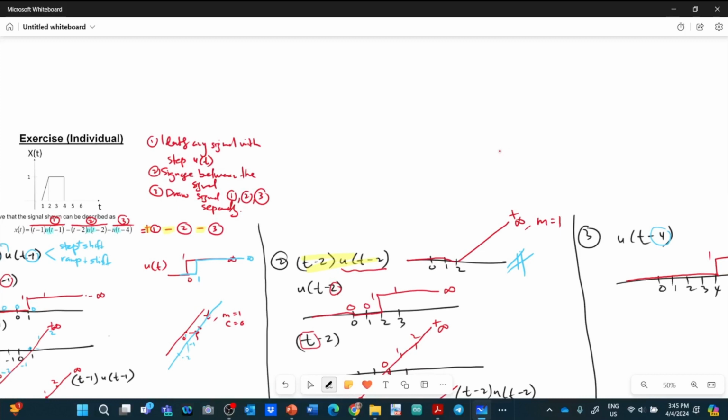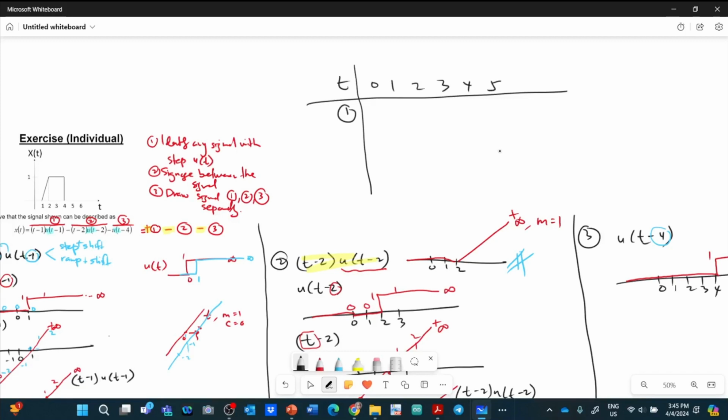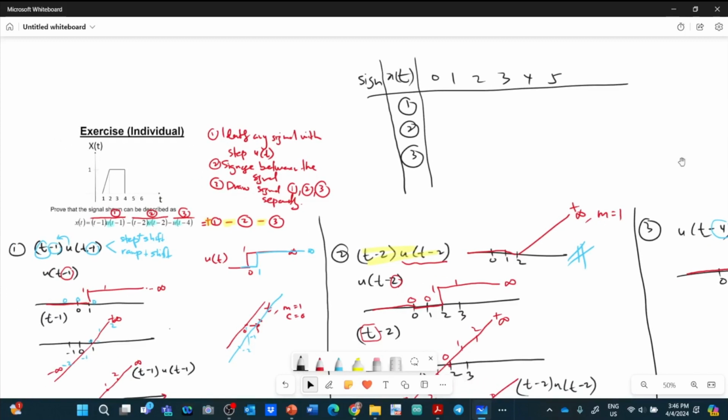Let's say that I'm going to fill in up here. t: 0, 1, 2, 3, 4, 5. Okay, signal 1, 2, 3. This one is sine. Okay, so I'm going to draw it like this.